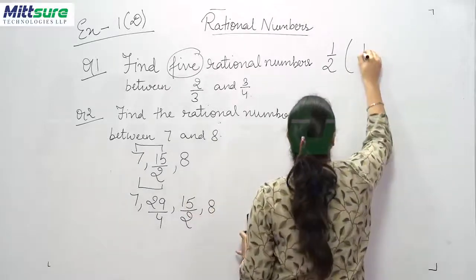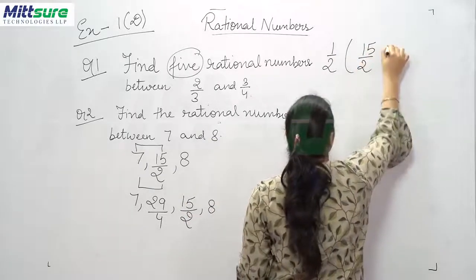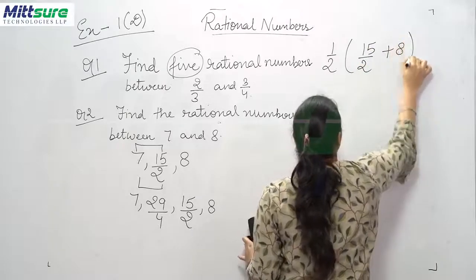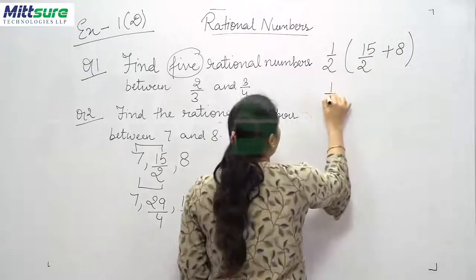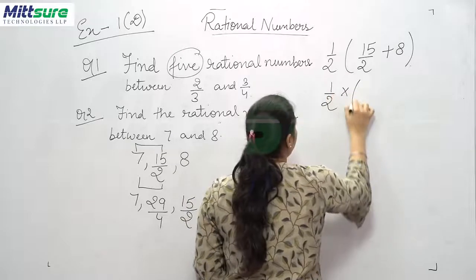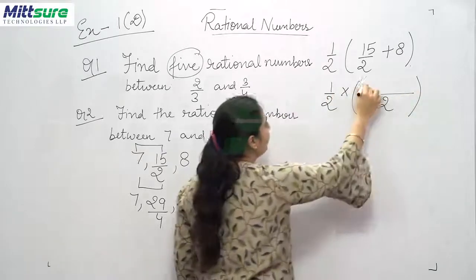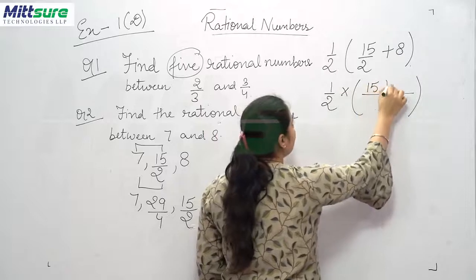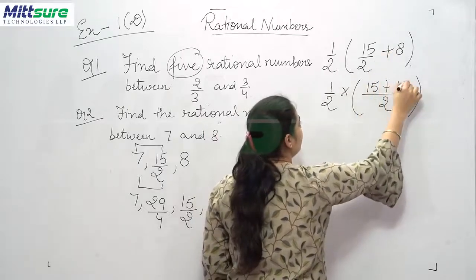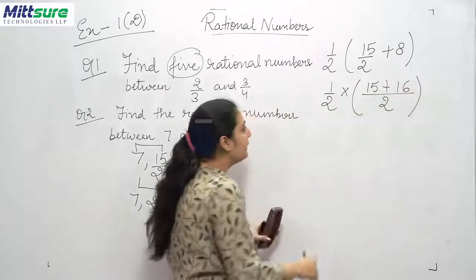So 15 upon 2 plus 8. Clear? Now 1 upon 2 multiplied by, inside the bracket, LCM 2, 15 remains as it is and this 8 gets converted to 16. Clear?